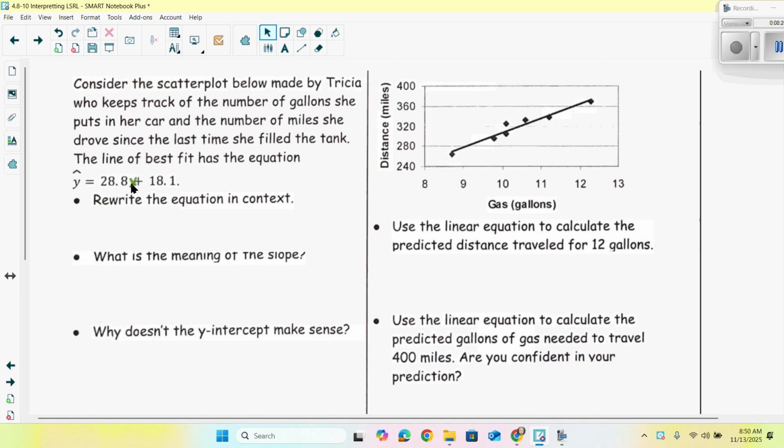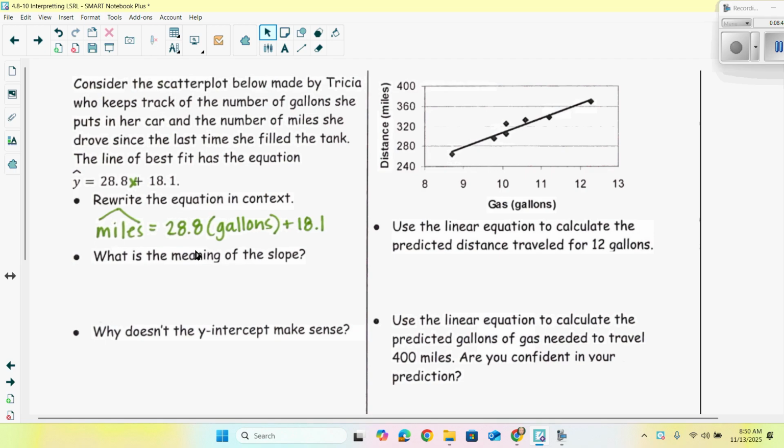So looking at y hat equals 28.8x plus 18.1. We want to rewrite the equation in context. So what is the meaning of the y and what's the meaning of the x? This is the estimated miles, or the miles hat, equals 28.8 gallons plus 18.1.